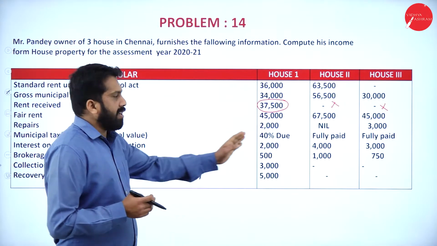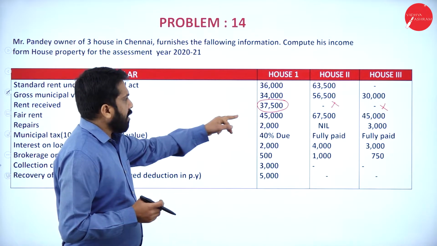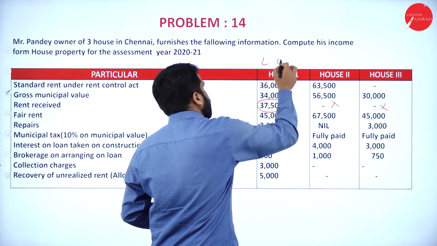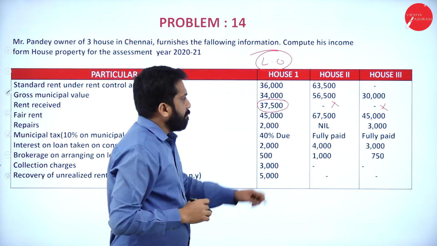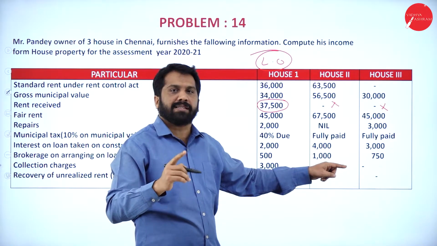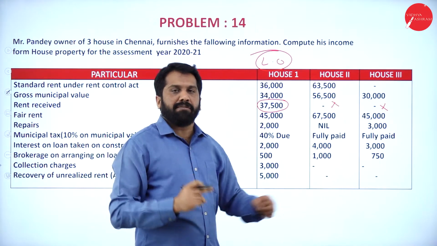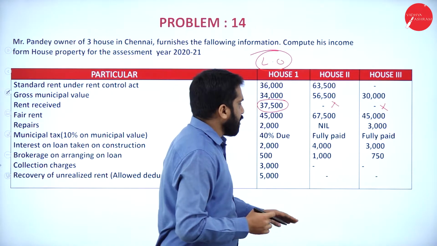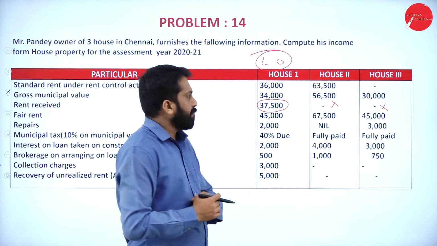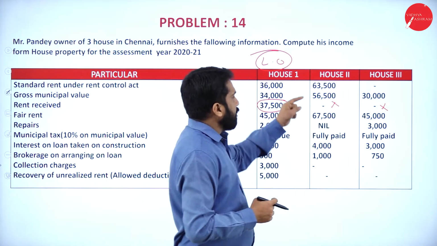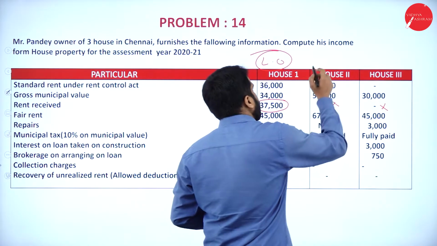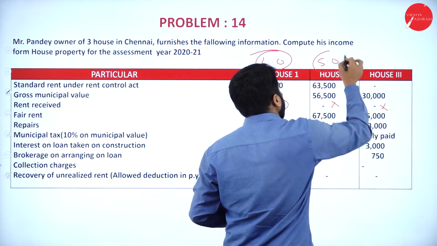There are 3 houses. One, where you are collecting rent, will be let out. And you have 2 houses here. One you can claim as self-occupied. If it is self-occupied, no need of any calculation. There is no tax for that. Then, where the amounts are bigger, here you get 63, 56. So, better you take it as self-occupied.